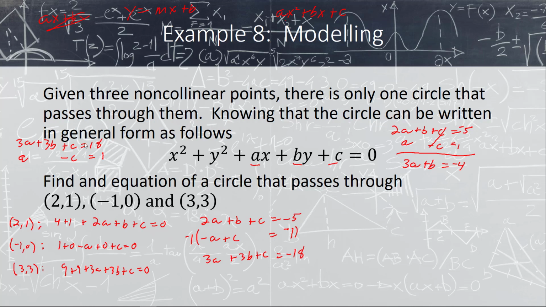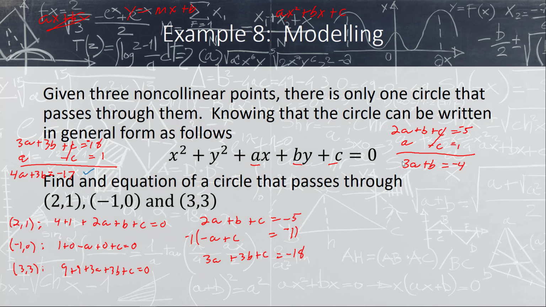And I forgot the -18 again. Let me put that down there. There we go. Okay, when I add these together, the c's will cancel. I will have 4a plus 3b is equal to -17.